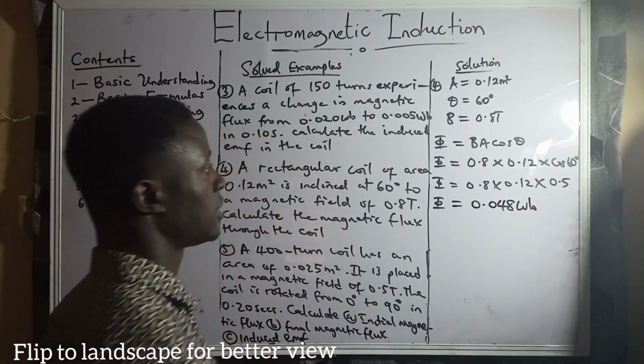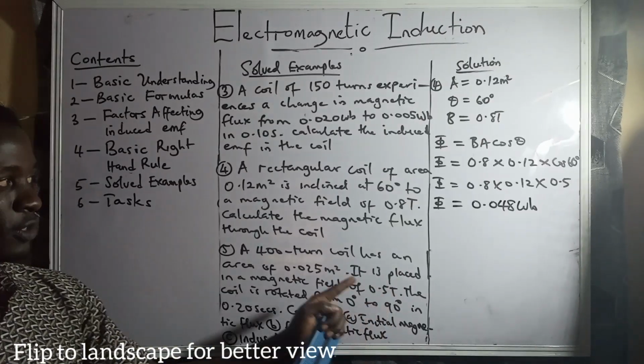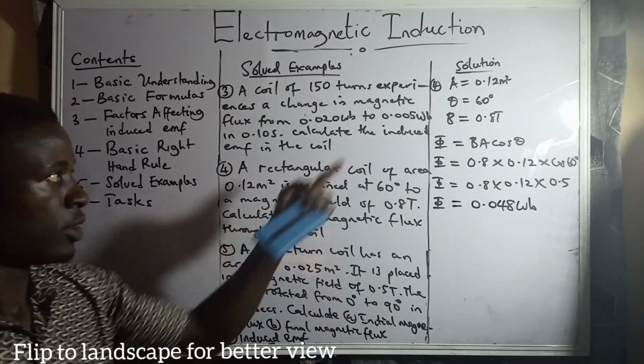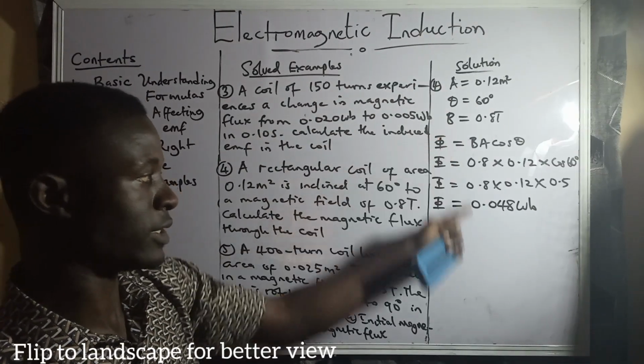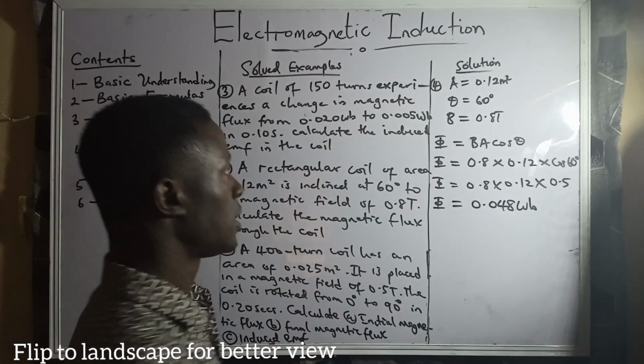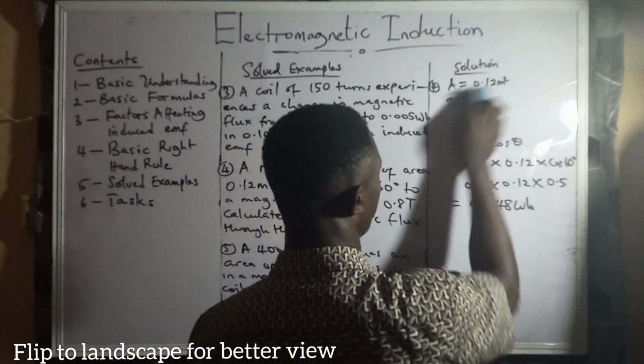That's the answer. You can also pause this video, check this question, compare it with the parameters that I've listed out, and check how I solved it. So let me clean that and let's go to number 5.